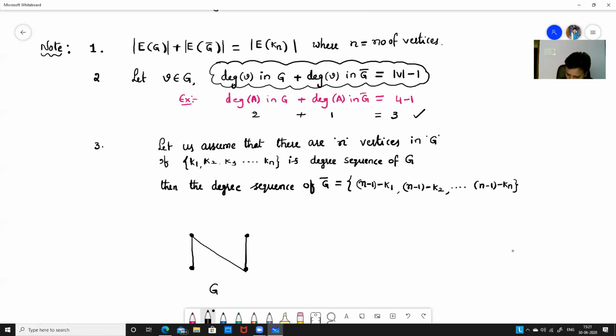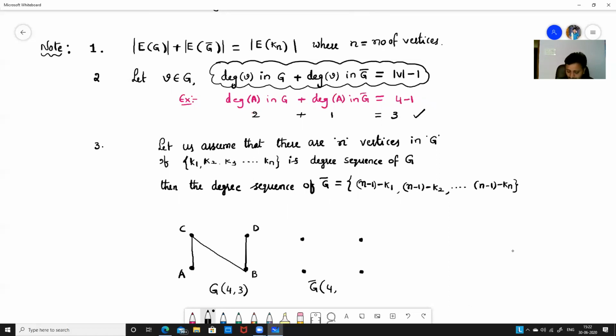So assume that it is a given graph with 4 vertices and 3 edges. Then what about G bar? G bar must contain the same number of vertices. Suppose I give names to the vertices A, B, C, D. From A to C there is an edge, so that edge should not be present in G bar.